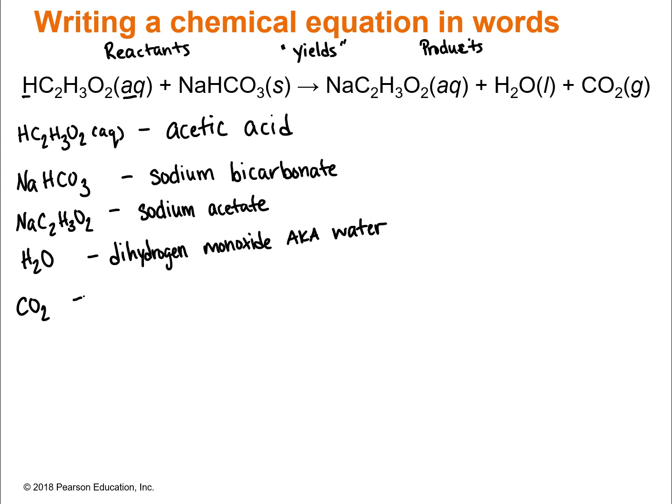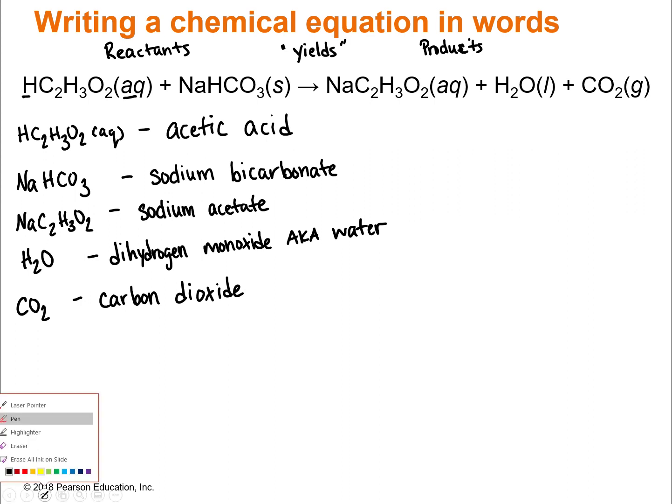And our last product is CO2, which is a binary molecular compound. So we use the same rules that we did for naming water. We've only got one carbon here, so you just write the carbon. Di for 2. Oxide to show that it's oxygen and it's the second element. Okay, now we've named all of our compounds.